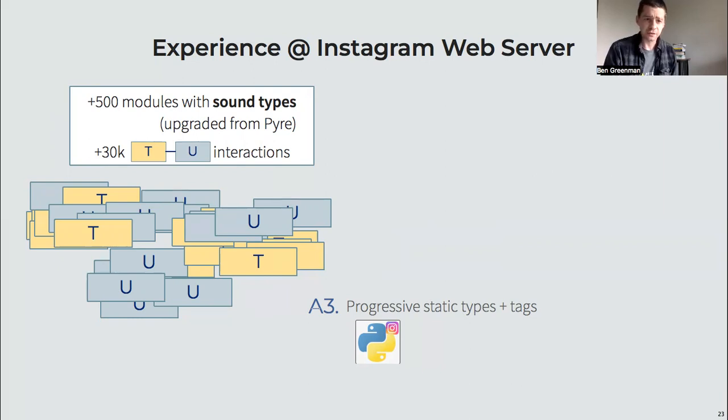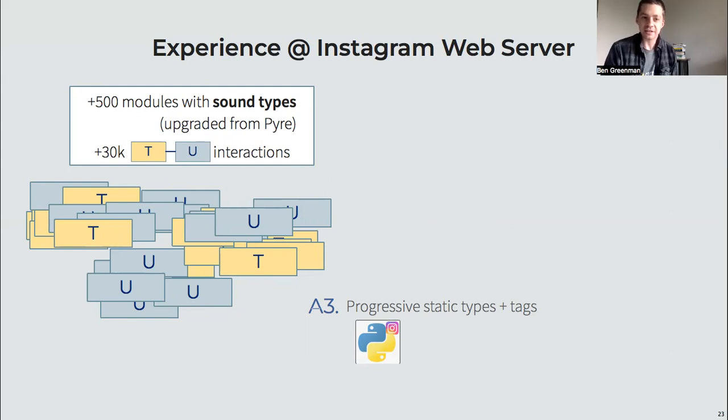So as of, I believe, the end of 2021, double check in the paper, at least 500 modules had been converted to static Python using sound types. And these were just the expensive modules.